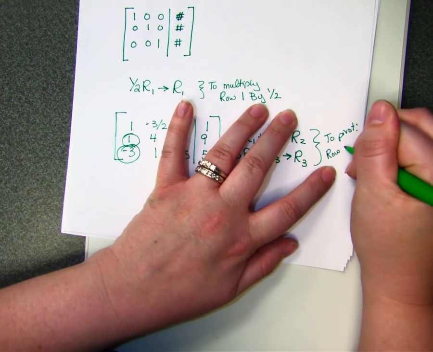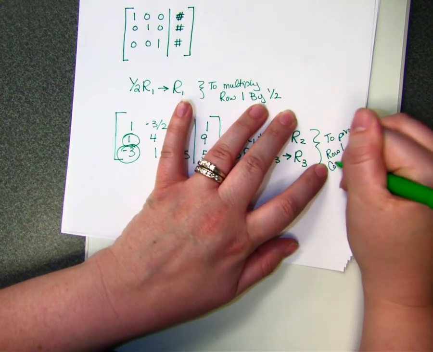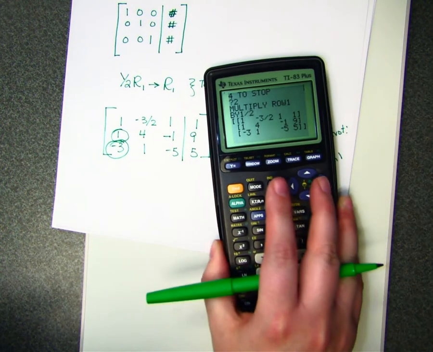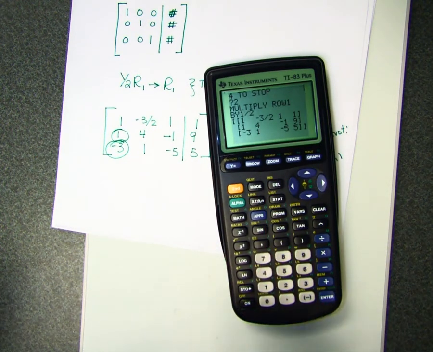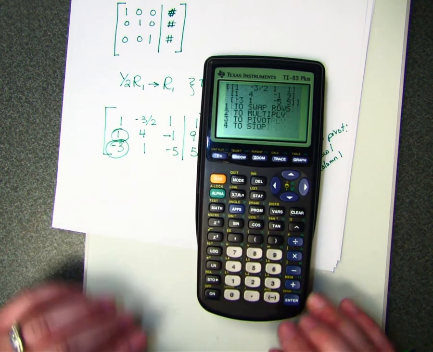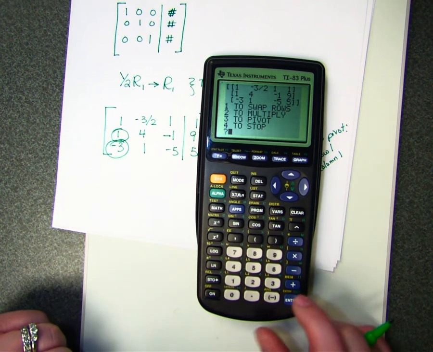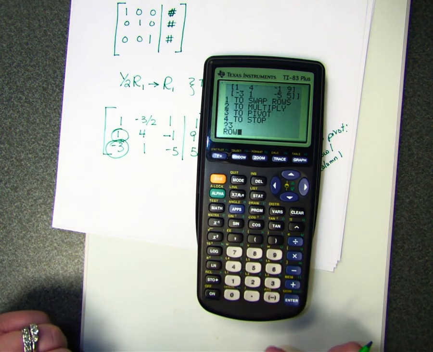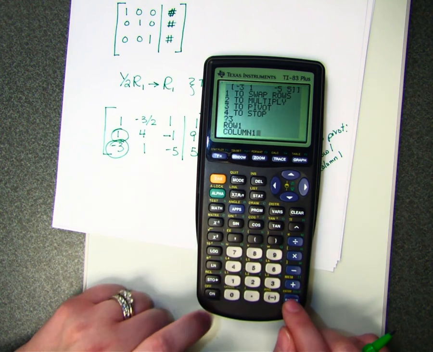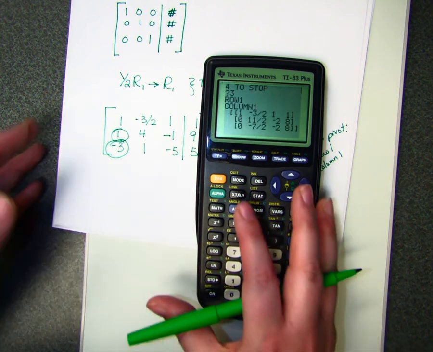That is, we want to pivot around row 1, column 1. Now these pivot positions will always have the same numbers: row 1, column 1, row 2, column 2, row 3, column 3. So those numbers should match up when you're doing your pivot function in your calculator. So choose option number 3 to pivot around row 1, column 1. I'm just hitting 1 and enter after each one.